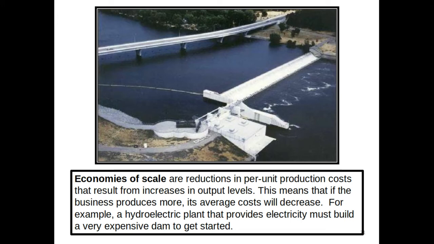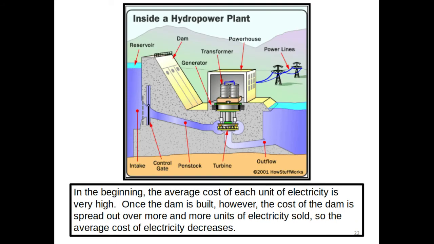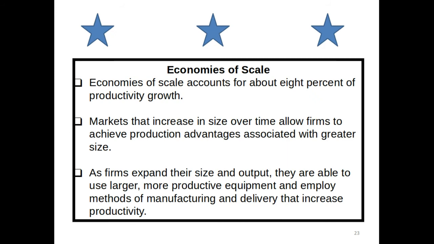The second unit would be $500 million. The third unit, half of that. And every unit that gets produced is costing us less and less. But that first unit costs a ton to produce. And that's what an economy of scale is. This is about 8% of productivity growth.